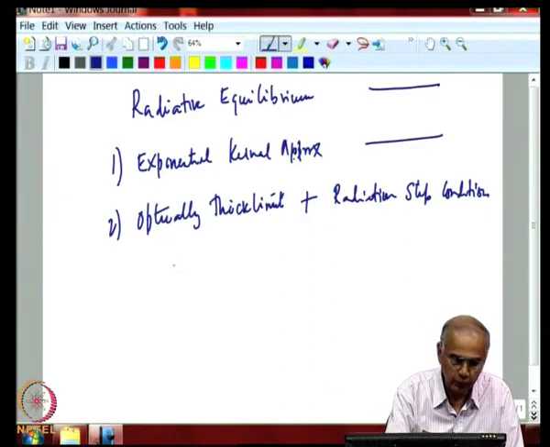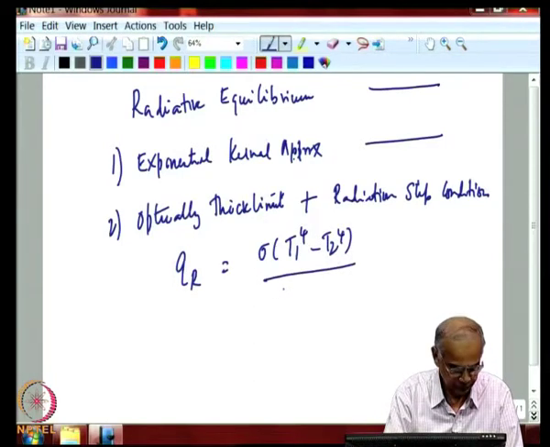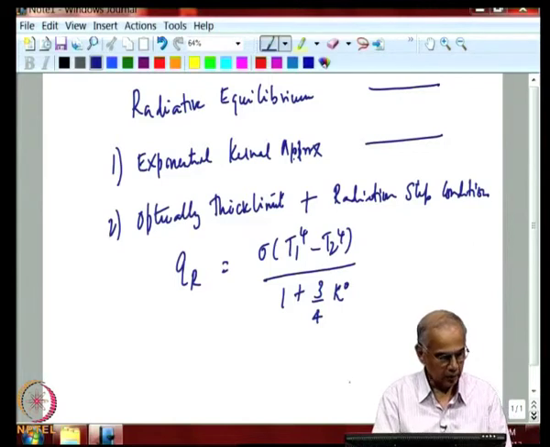And the result we got was that the radiative flux was equal to 1 plus 3/4. So, this result is a very useful result.